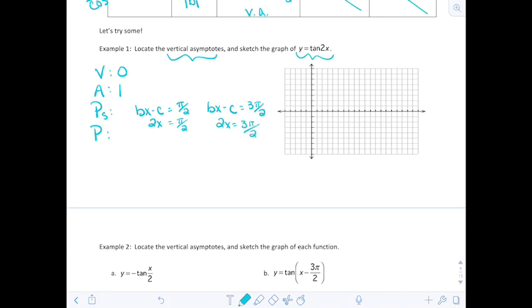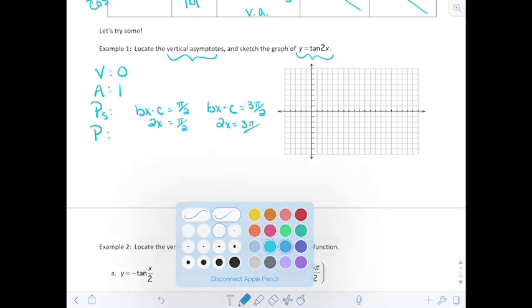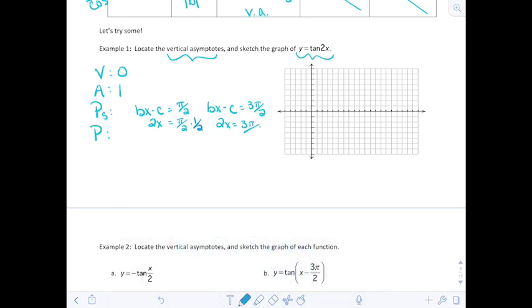So when I divide by 2, that's the same as multiplying by 1/2. And I'm going to have pi over 4 and 3 pi over 4. So this is my new starting asymptote at pi over 4, and this is the new ending asymptote at 3 pi over 4.